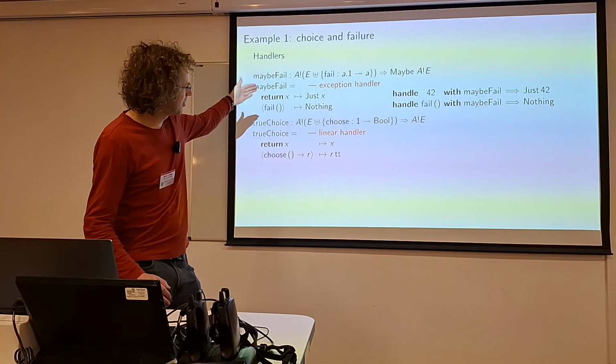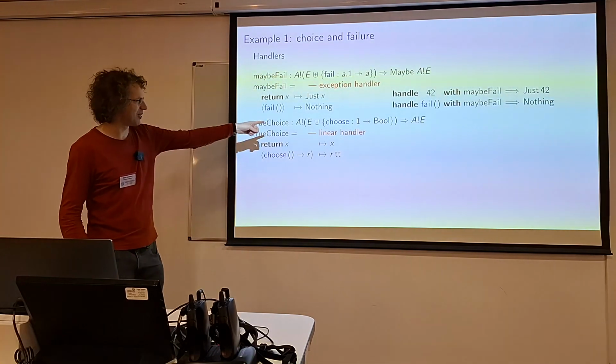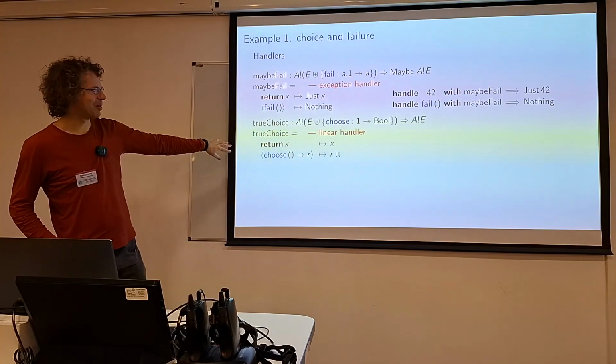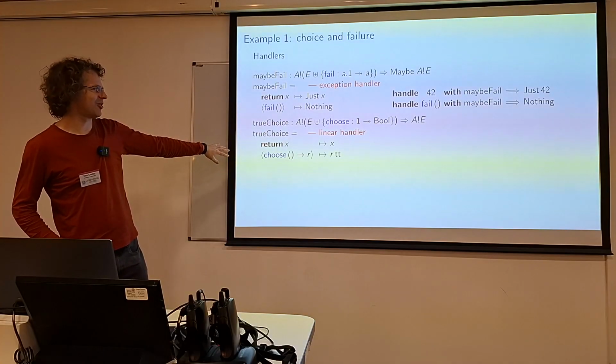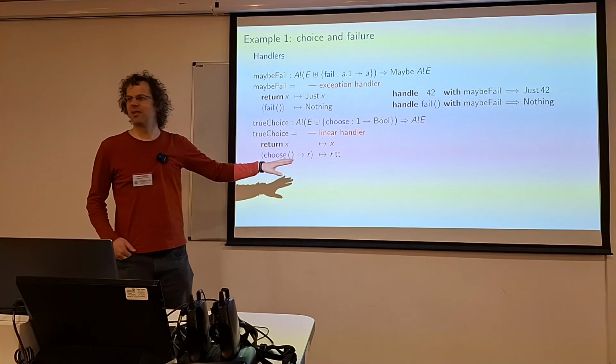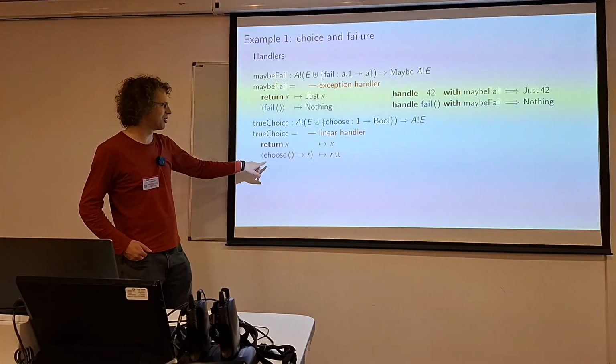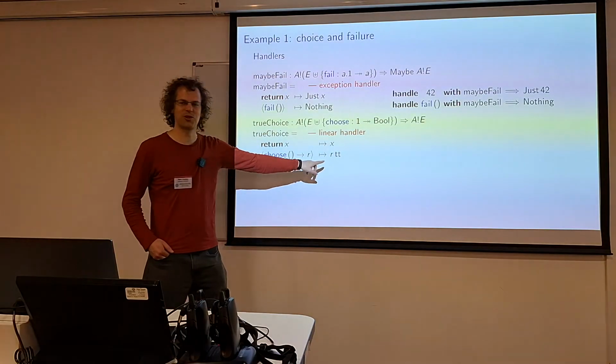And then this was my first, a handler for choose, and a silly example. It's not silly, but it may well not be what you would want your implementation of choose to do, because it always chooses true.